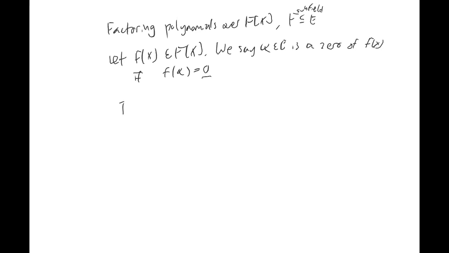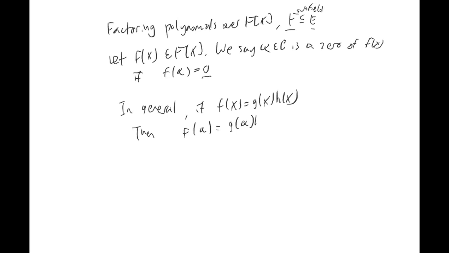So in general, these two things are fields. If we could factor, then it's easier to find roots, because then we have that f of alpha is g of alpha times h of alpha. This is multiplied, by the way. So if f of alpha is zero, what does that tell you about these two things? Where do g of alpha and h of alpha belong?